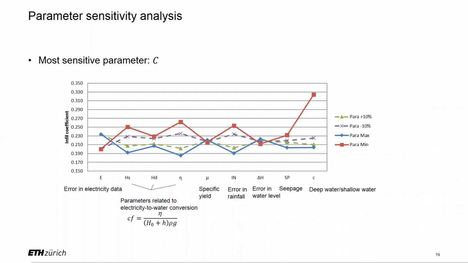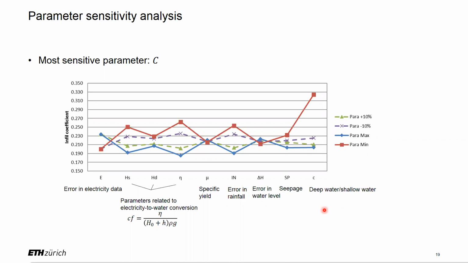We also did the parameter sensitivity analysis. We compared the parameters: the error in electricity data, rainfall data, error in water level, seepage, and also the parameters that are used to estimate the conversion factor in history. Also the C value that we introduced to identify the fraction of deep water and shallow water.